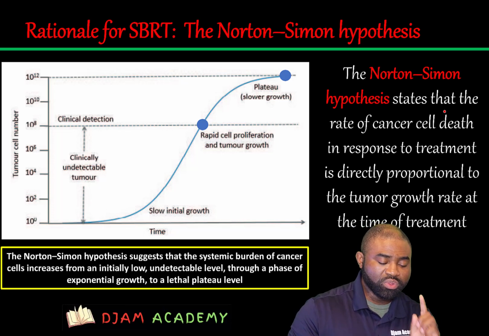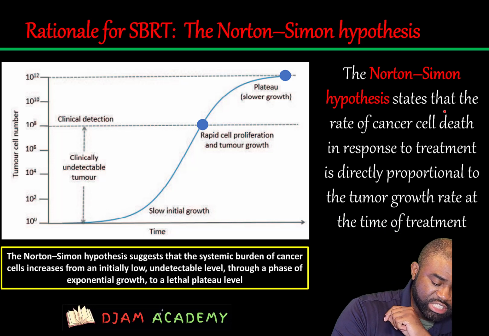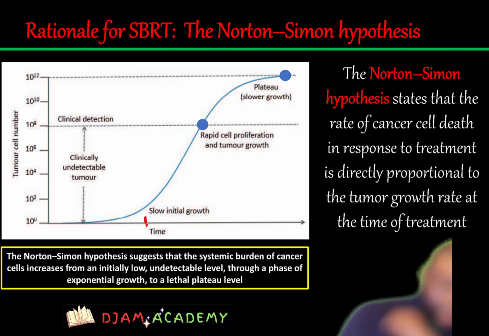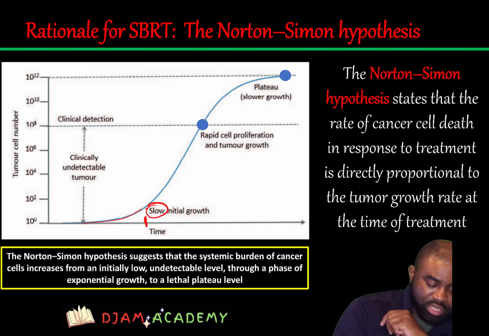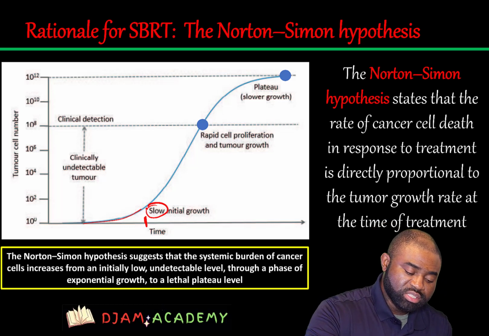Now, when you look at the NS curve, what you realize is that initially the rate of growth of cancer cells is typically very slow. The cells then hit an accelerated growth phase.